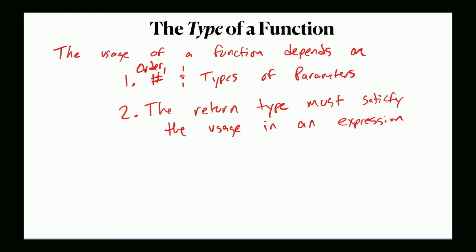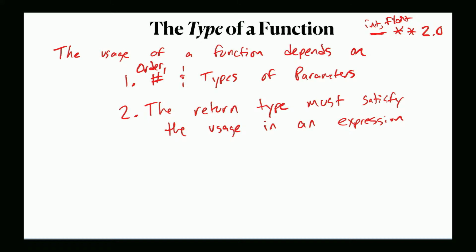And where we use that expression matters. So if we wanted to have an expression, say, where we have some blank, raised to the power of 2, we want this to be either an int or a float. And so we could write a function call that's either going to return an int or a float there, and it would be a valid expression.